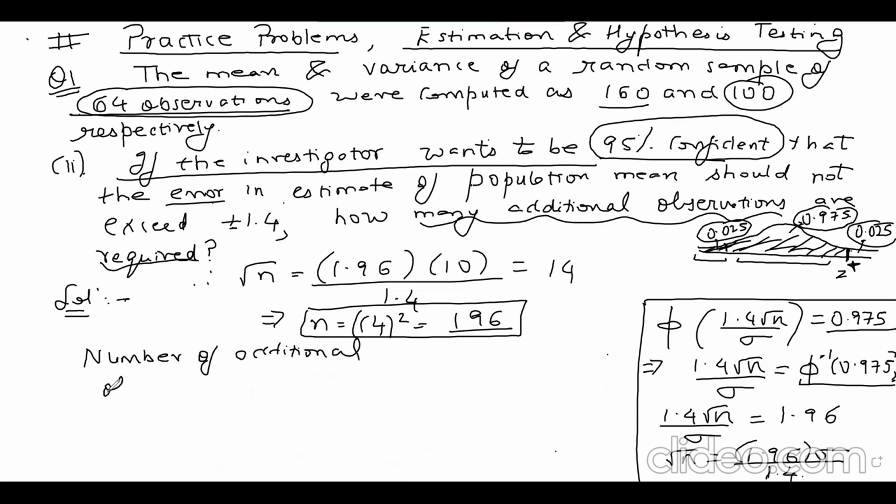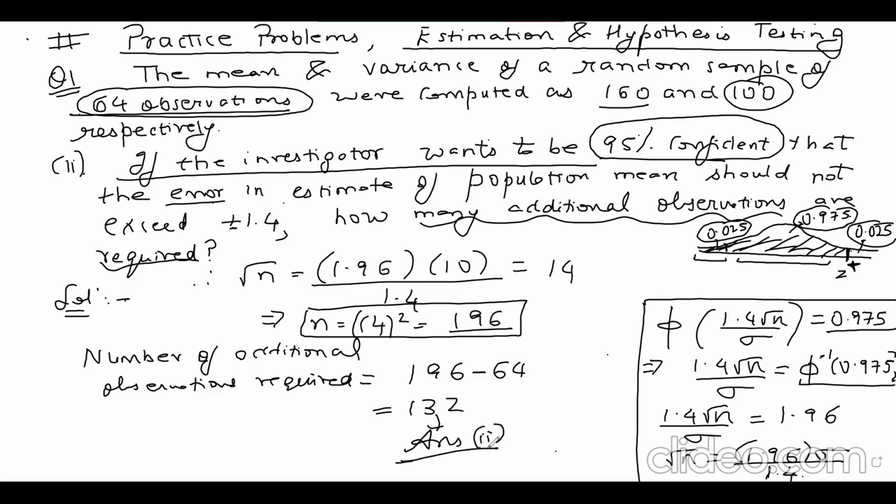The number of additional observations required is equal to 196 minus 64, which is 132. This is the answer for part 2 of this question. There are 132 additional observations required for the investigator to be 95% confident that the sampling error will not exceed plus minus 1 point.